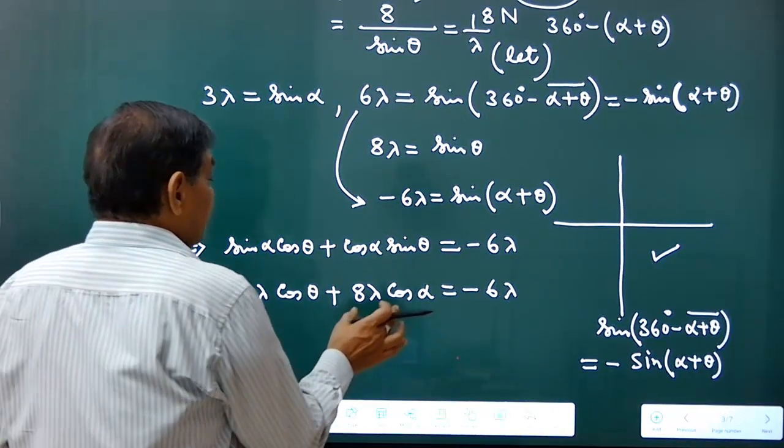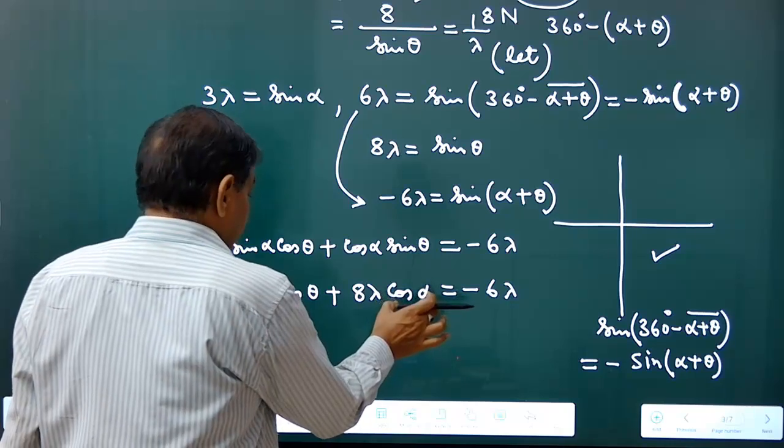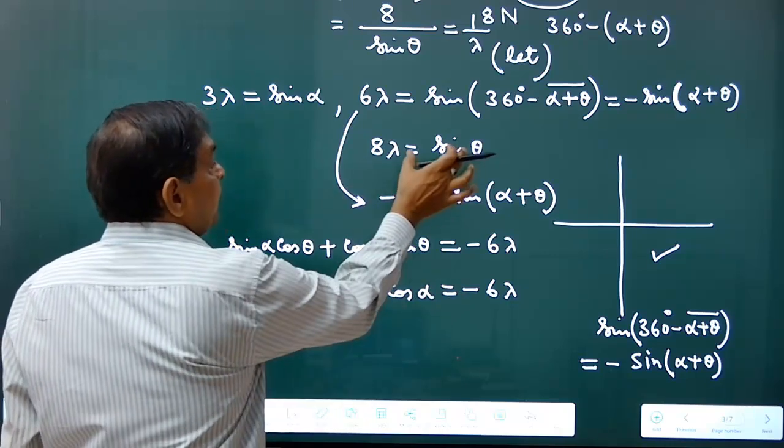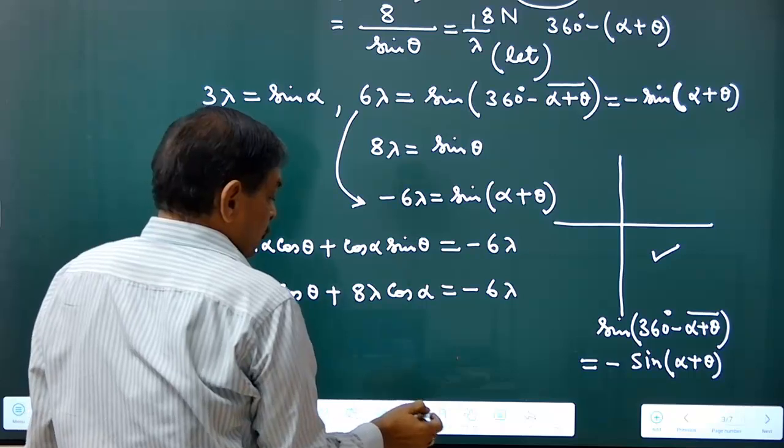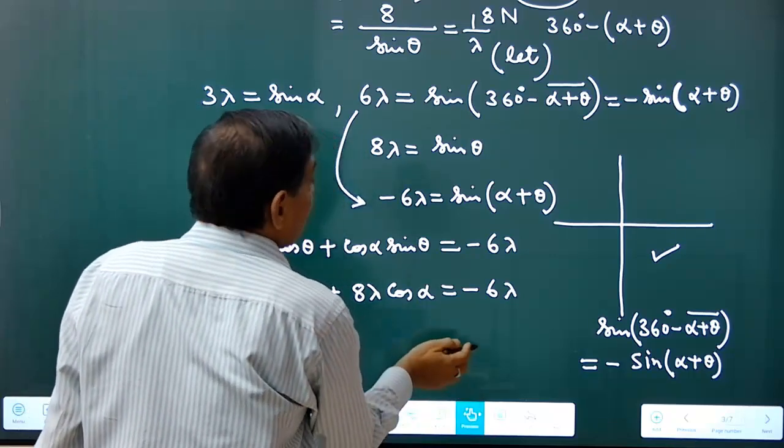Also, we can write the value of cos alpha and cos theta from these two. So let us find those values also.